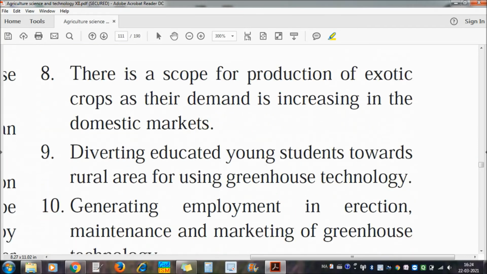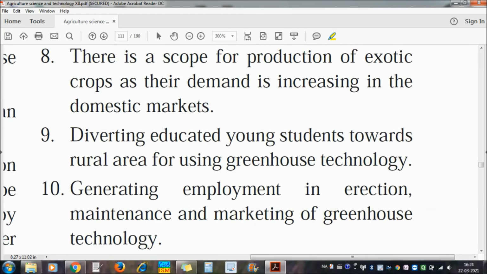Now, there are a few others also. We can produce exotic crops as they are demanded. Means the crops which are grown in foreign countries but could not be grown in our country because of different climatic conditions can also be grown in our country by using this technology. Then young, educated students can also be turned towards this technology.